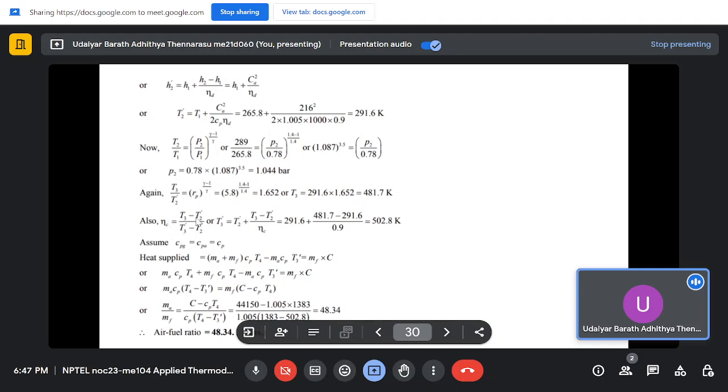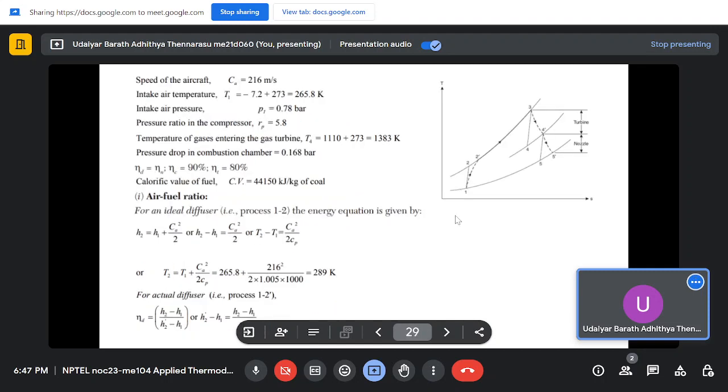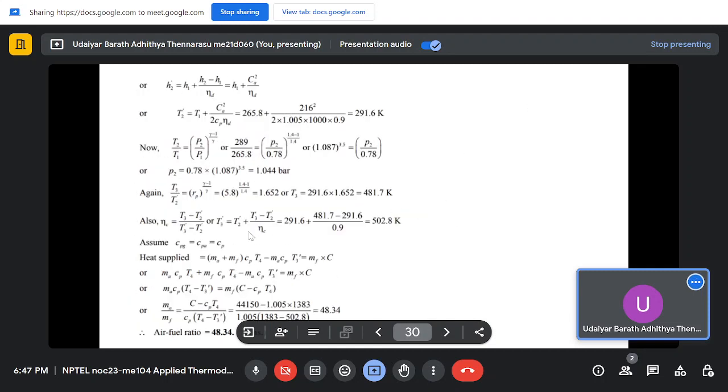Compressor efficiency is defined as the enthalpy change in the isentropic process divided by the actual process, so the compressor work divided by the actual work.